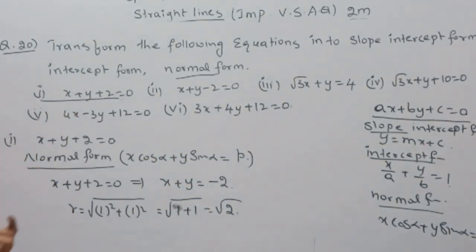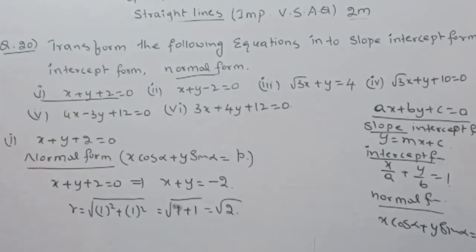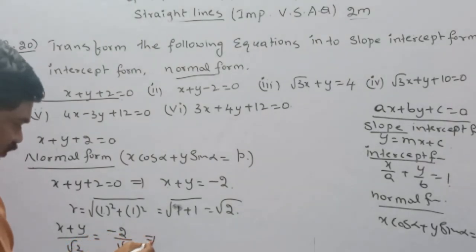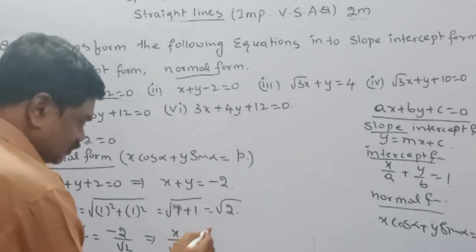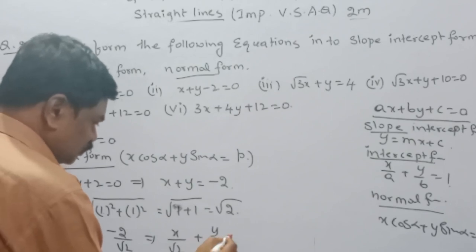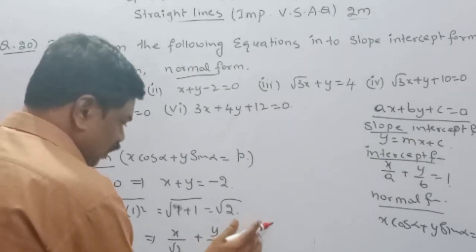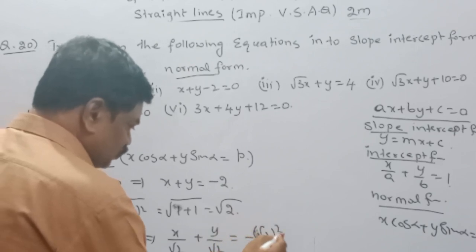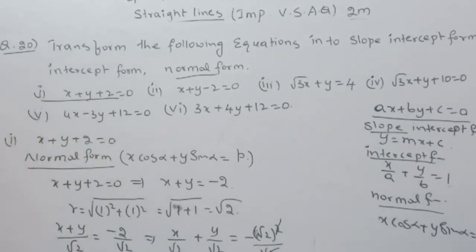So you have to divide both sides by r, that is (x plus y) by root 2 is equal to minus 2 by root 2. This implies x by root 2 plus y by root 2 is equal to minus root 2 whole square by root 2. Root 2, one root 2 cancels.